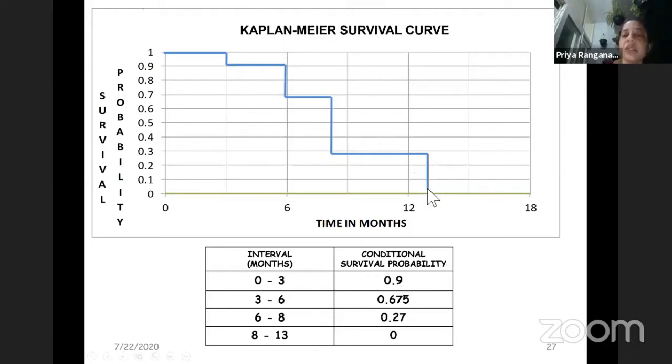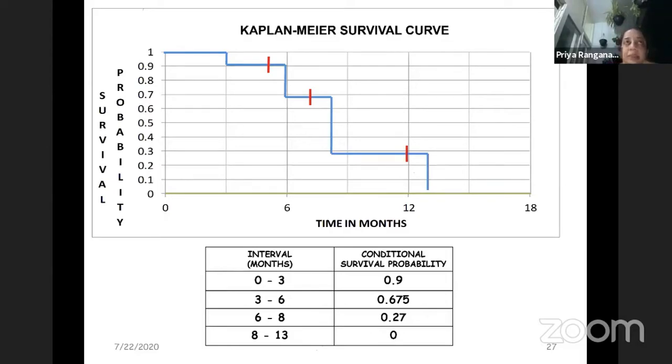If this last patient had not died, this line would not have come to the baseline but would have continued like this. Censored patients are depicted as vertical ticks. So you can see 1 patient got censored 5 months after her surgery, 1 at 7 months after her surgery, and 1 at 12 months after her surgery.